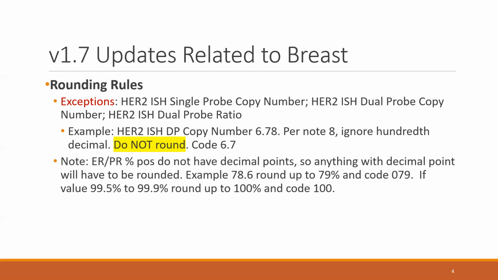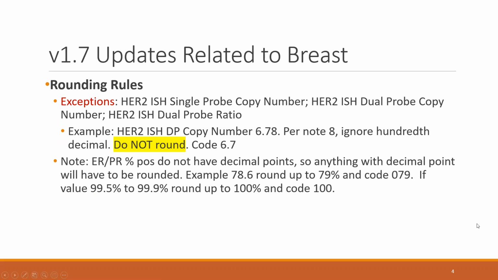The example given in the manual is these fields for HER2, single probe, dual probe, copy number, and the ratio. We are not rounding these fields. We are dropping that 100th decimal point if we would have that digit, and we are just simply coding what we have, the 6.7. Also notice the ER and PR percent positive do not have decimal points.